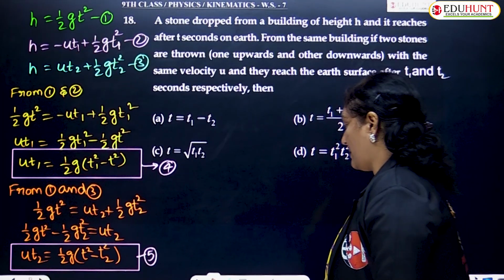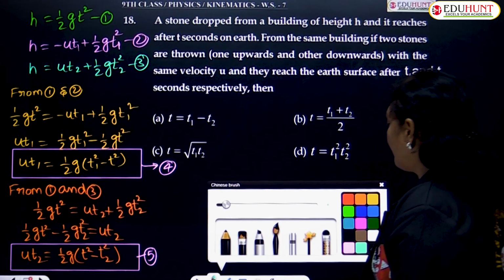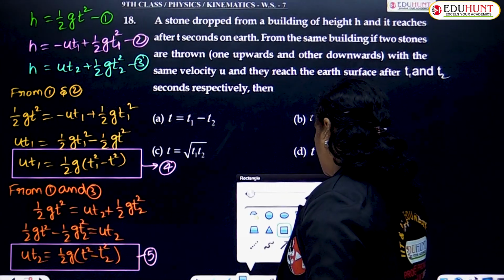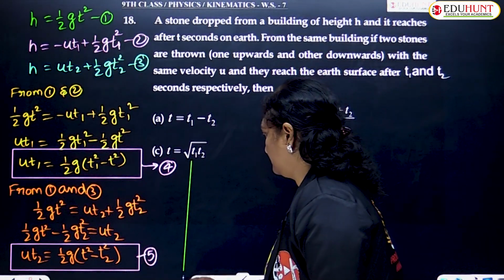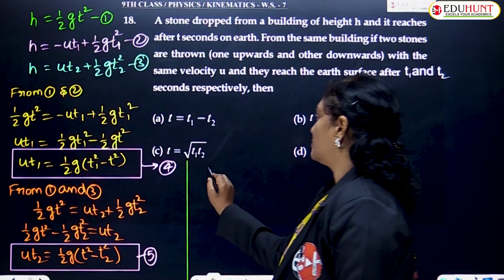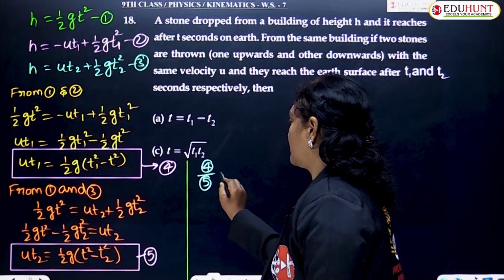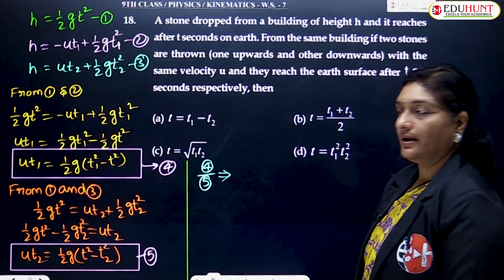Now coming to the next step, let us divide two equations. What are the two equations? Let us divide equation 4 upon equation 5 and see what we get.